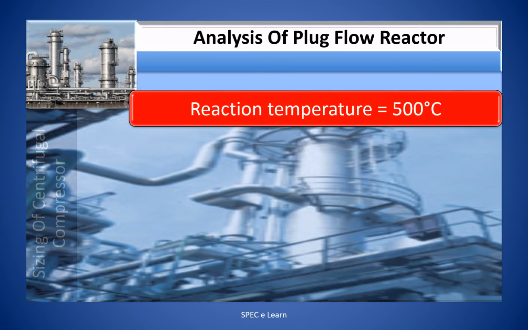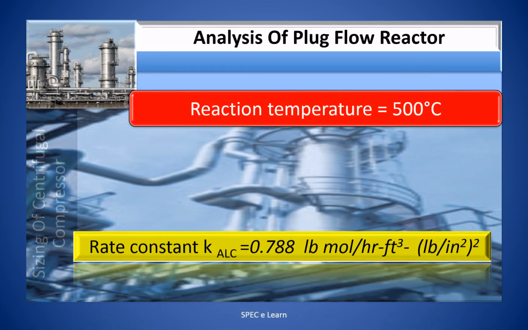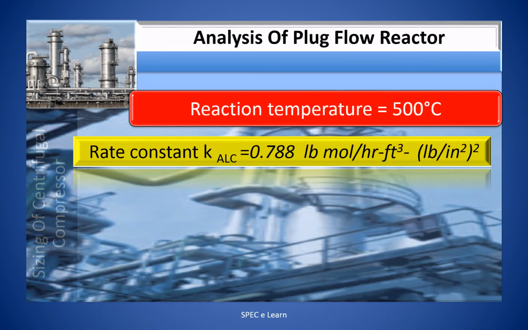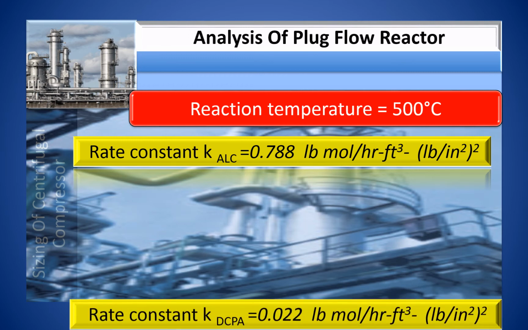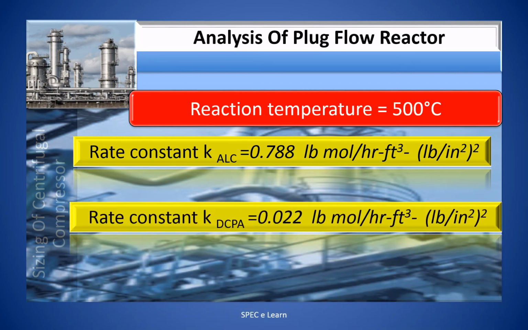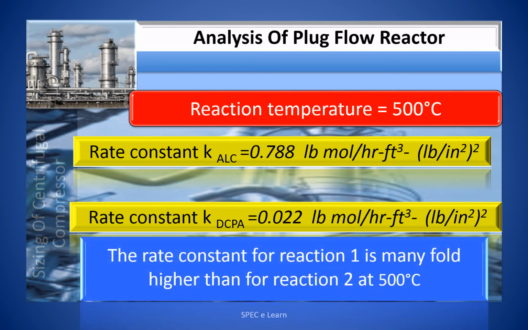At the reaction temperature of 500 degrees centigrade, the rate constant for allyl chloride, KALC, is 0.788. The rate constant at the same temperature for dichloropropane, KDCPA, is 0.022 in the unit shown. So the rate constant for reaction 1 is manyfold higher than for reaction 2 at 500 degrees centigrade.